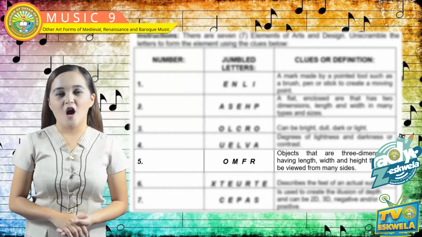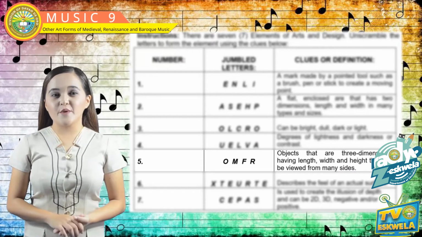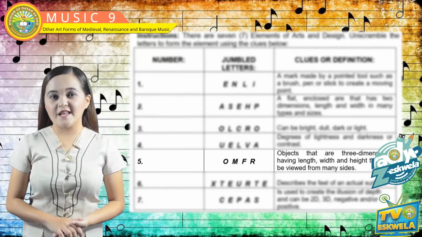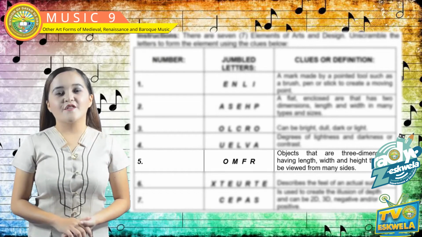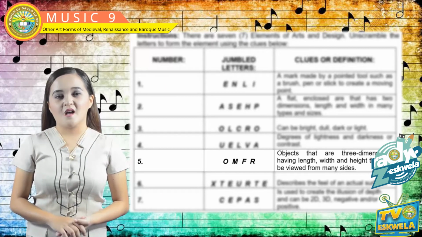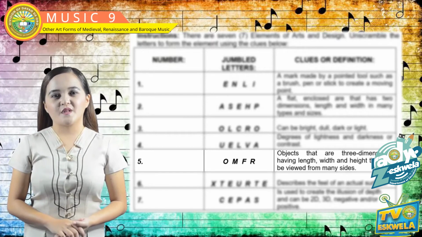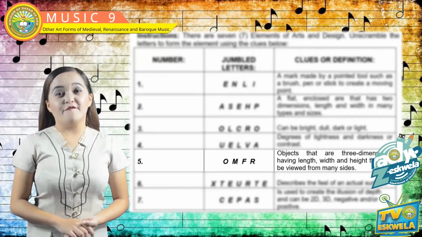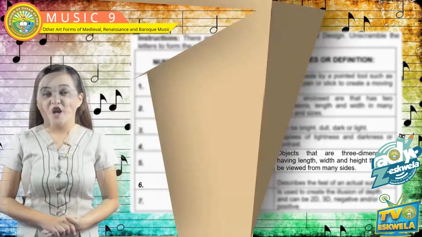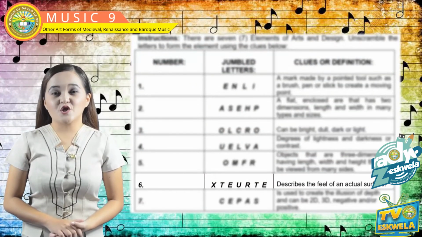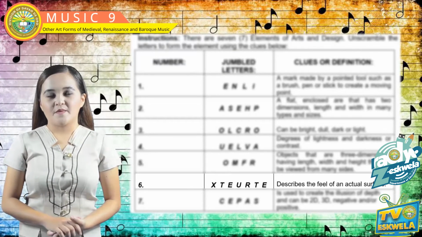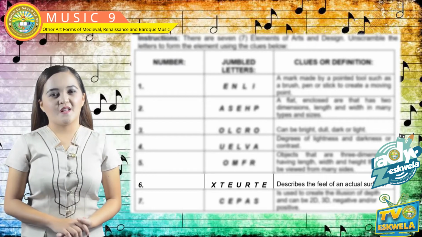Number 5. Objects that are three-dimensional, having length, width, and height that can be viewed from many sides. What is the answer? Correct! Form is the answer for number 5. Number 6 describes the feel of an actual surface. What's the answer?